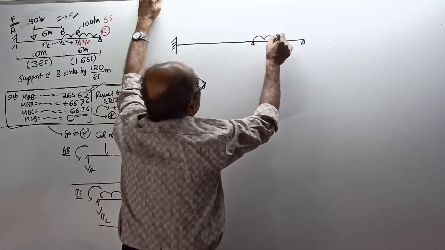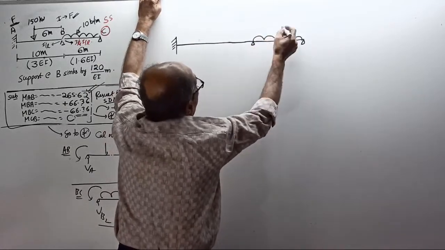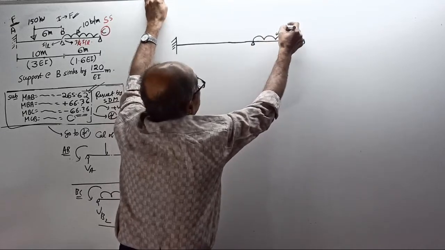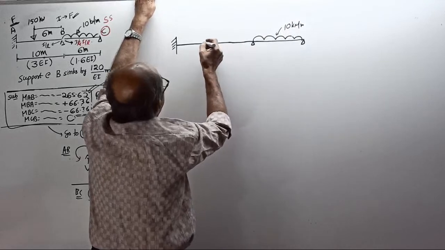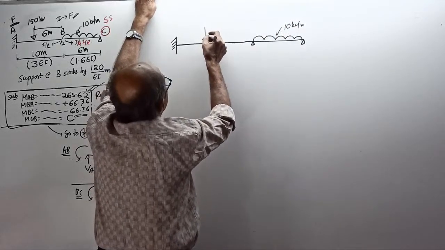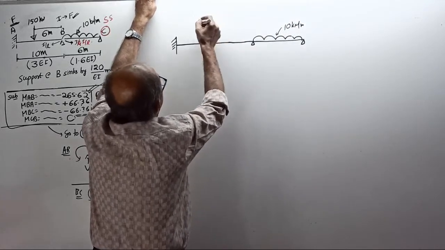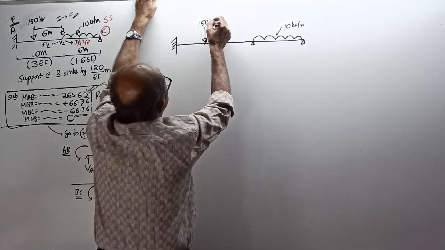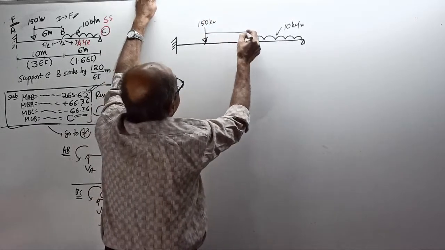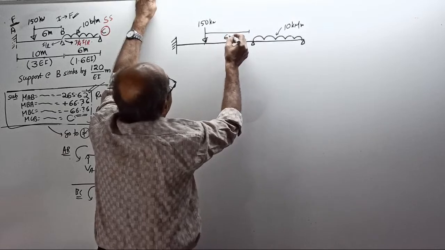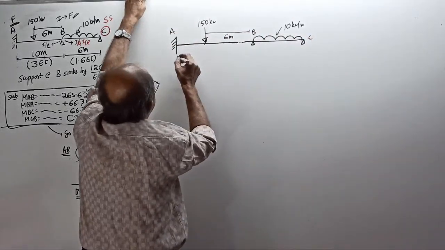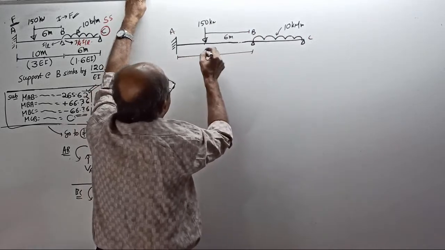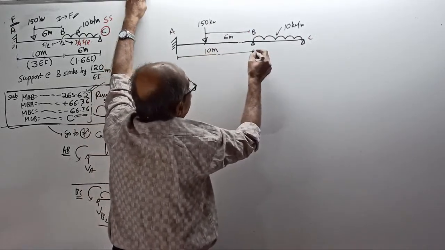There is UDL here of 10 kN per meter, and there is a point load of 150 kilonewton here. This distance is 6 meter. This is A, this is B, this is C. This span is 10 meter, this is 6 meter.